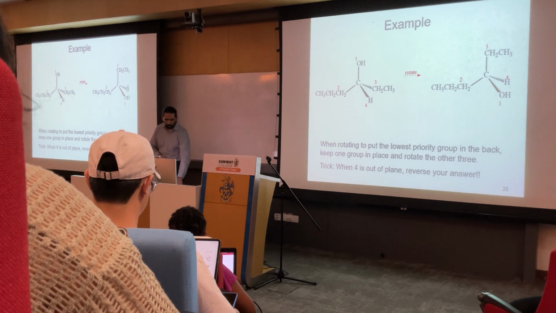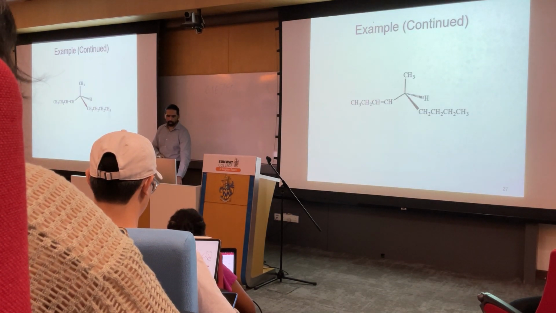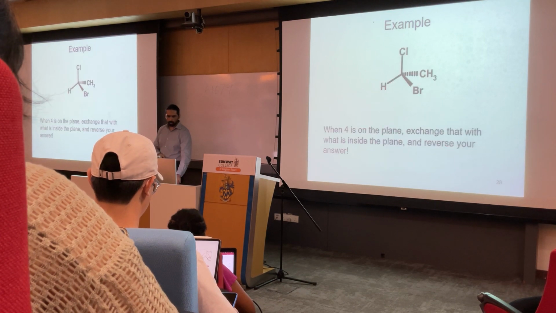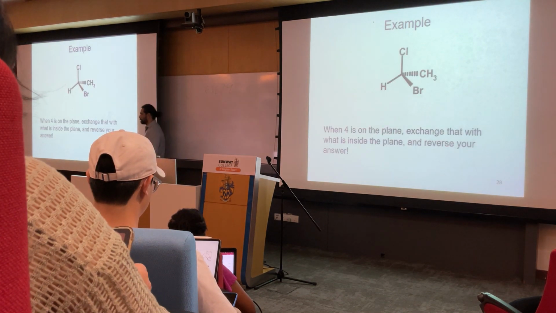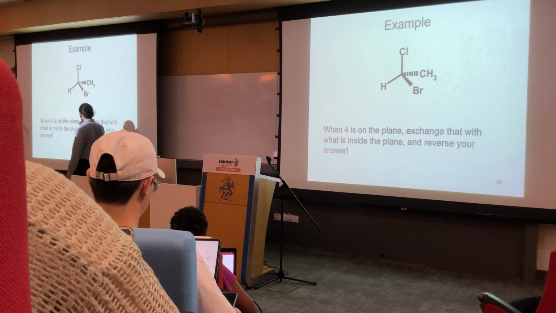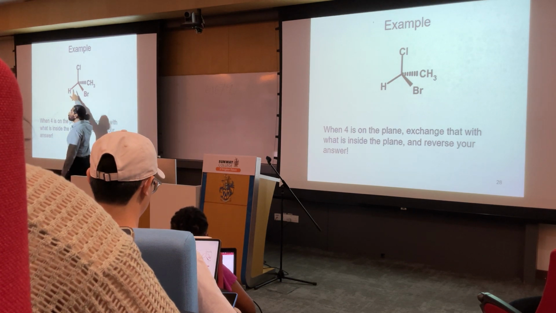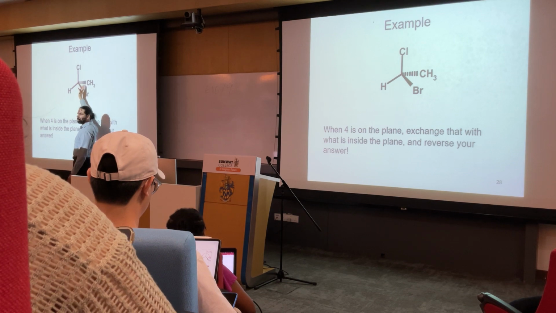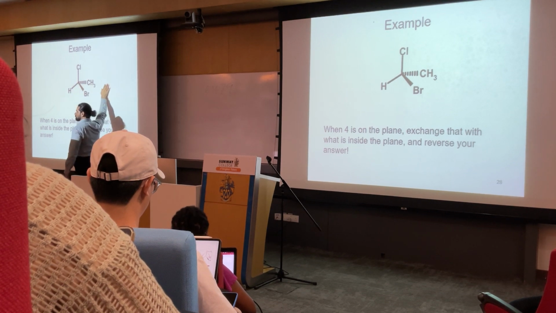And finally, the only hypothetical case could be where number 4 is present on the plane. I told you the trick in this case: you can switch number 4 with the group which is already behind the plane and redraw your structure.